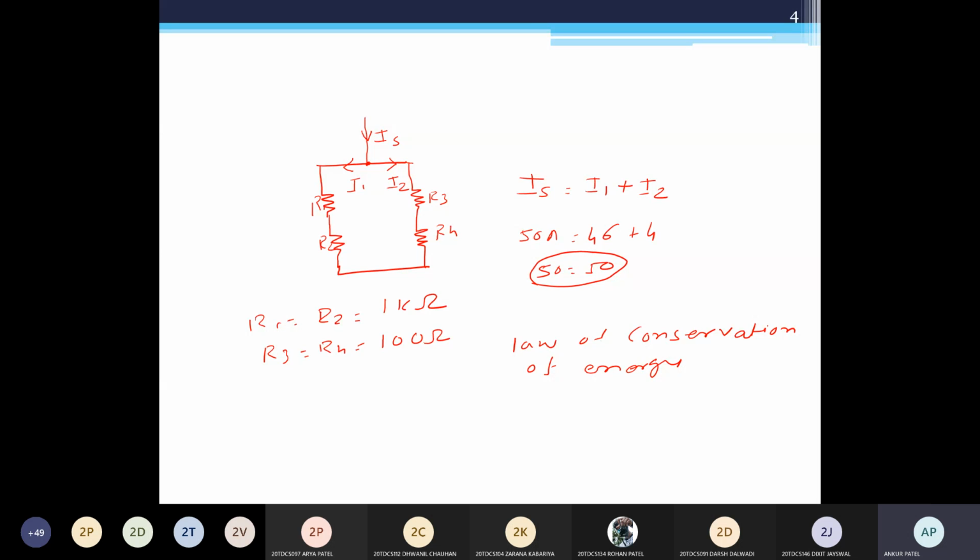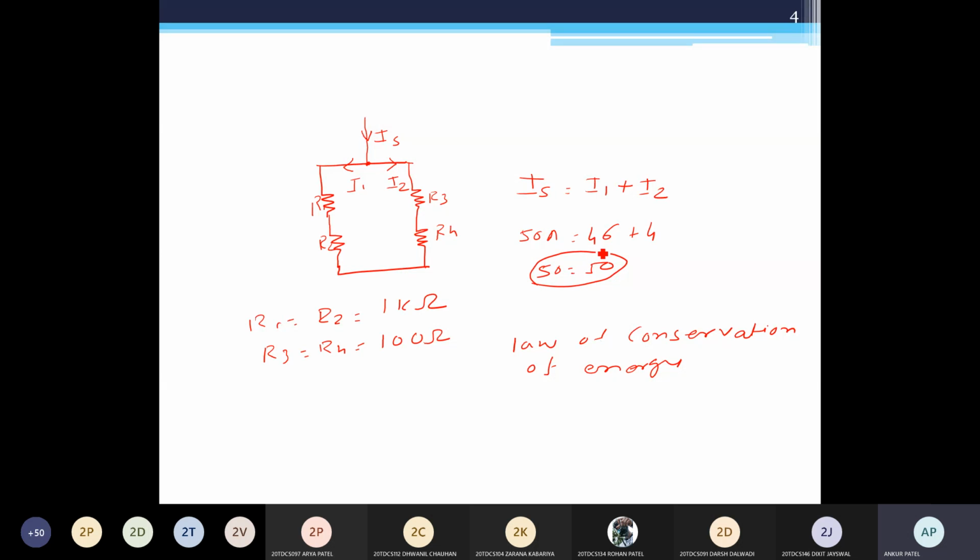It can be transformed from one form to another. Whatever supply current we give to the circuit, we get in terms of output. Same in KVL. Whatever supply is given to the circuit, we get that total voltage in terms of output. So KVL and KCL both follow the law of conservation of energy.